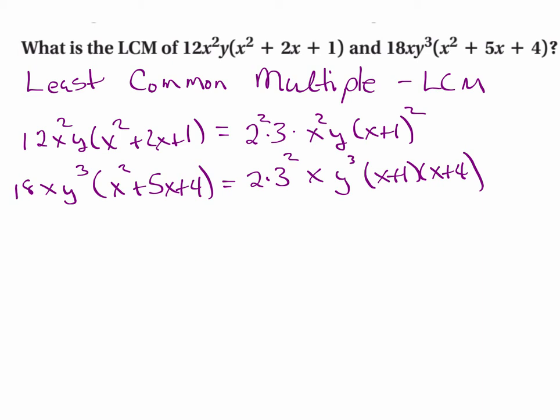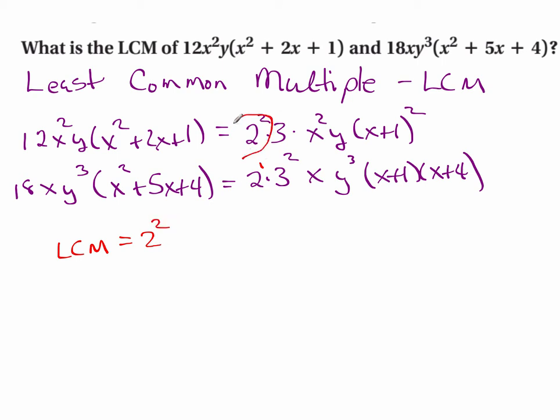Now, to find the least common multiple, we're going to look at our two terms, and take it term by term, and take the highest power of any term in either one of the terms. So the least common multiple between 2 squared and 2, this is really 2 to the first, is 2 squared.